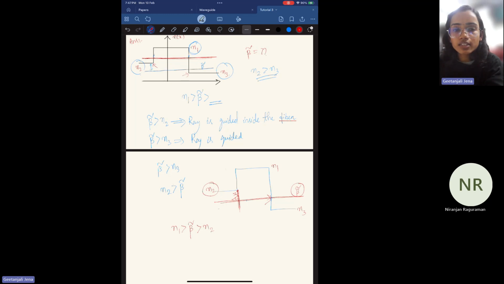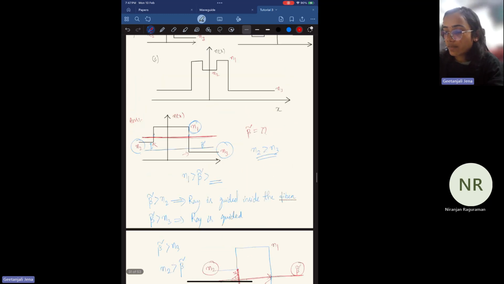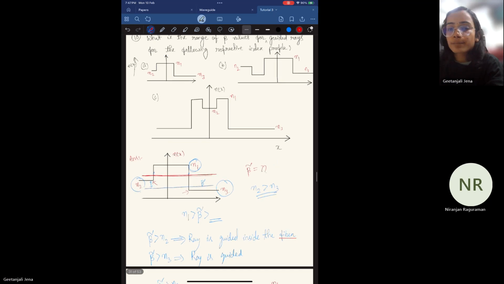If this is clear, then the next part will be easy for you to find out what is the beta tilde. So do you need me to explain this? Okay, yes, clear. So let us see what we have for the second part.